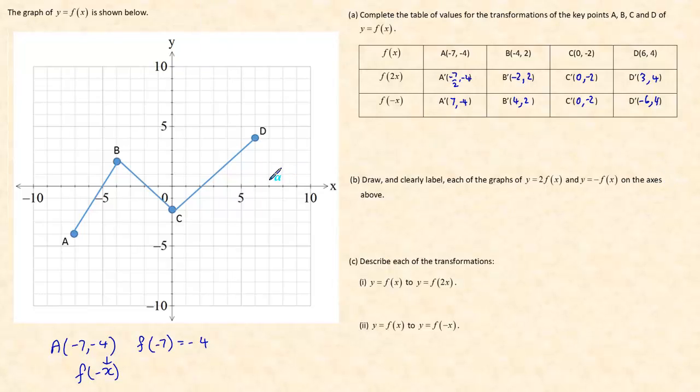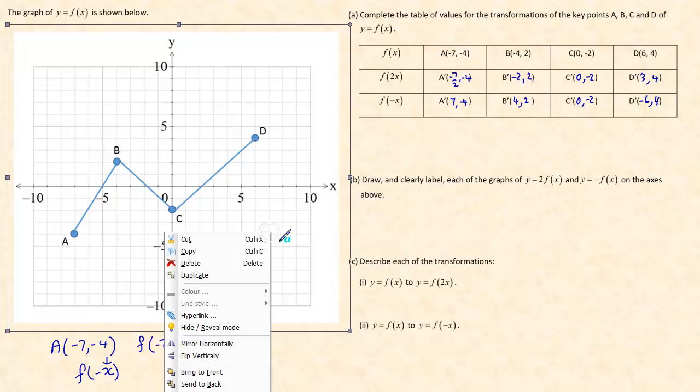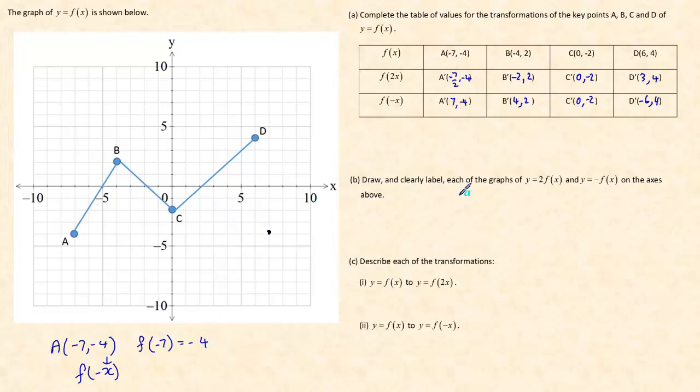So we've got 7, -4. And then we've got 4 and 2. And then 0 and -2. And then -6 and 4, like so.